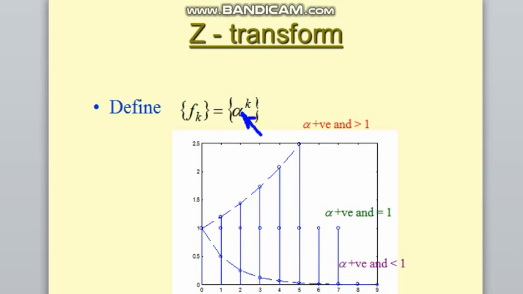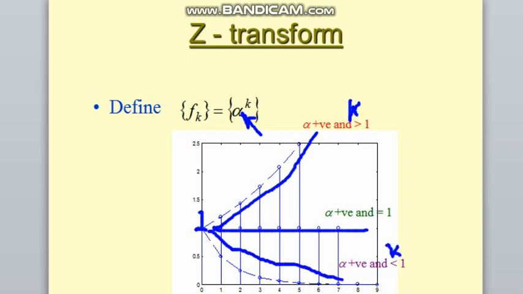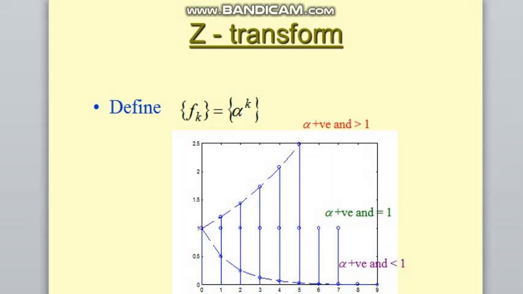If the value of k, that means the power, is greater than 1, it will be an exponential function like that. If it is equal to 1, you get a constant value, because that is the value of k here. And if k is less than 1, it is negative, so it will decay exponentially. That is the power series plot of the Z transform.